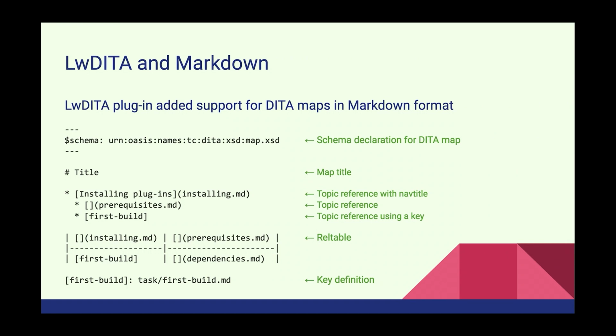So you can't declare a topic reference with a key definition at the same time. A limitation of Markdown. But all this, your plain old, boring, hideously boring Markdown, can be read as a map. And I really like this feature.